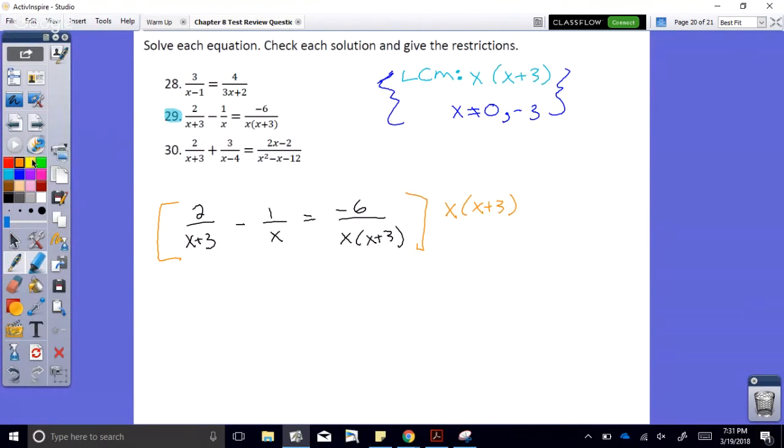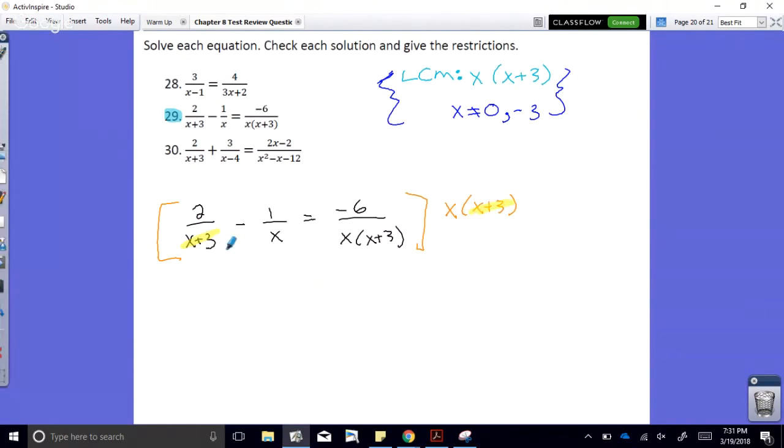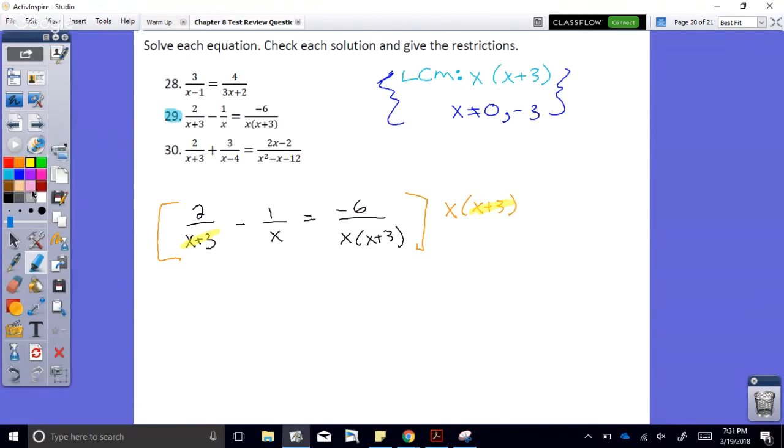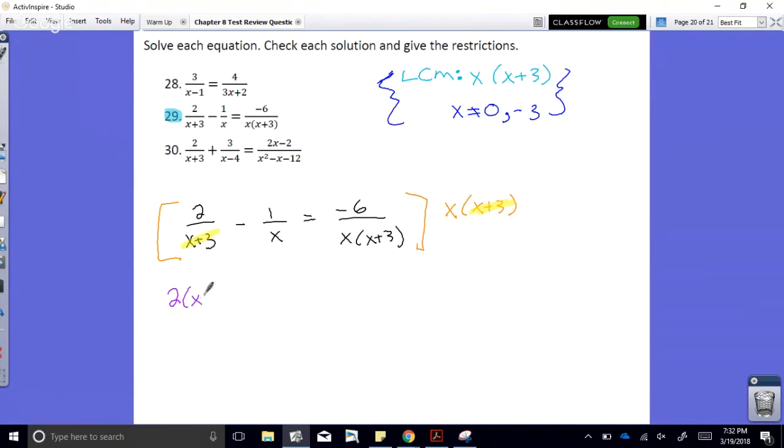If you look at the first piece, if I multiply the first piece by the LCM, the x plus 3's cancel. If the x plus 3's cancel, then I am left with 2 times x.